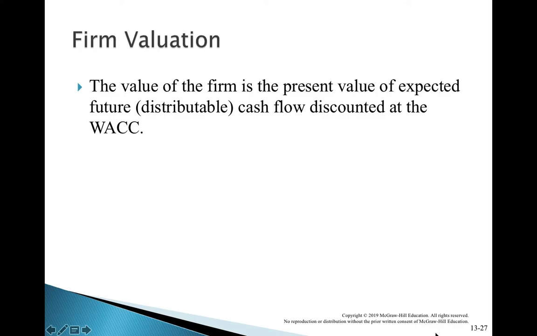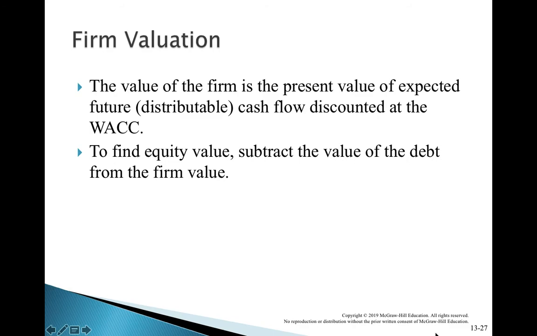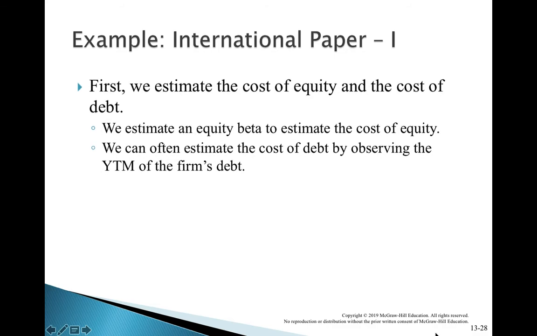But when you are making the firm valuation, then you use the free cash flow, and for the free cash flow you use the WACC instead of cost of equity. And we discussed how WACC is calculated. To find equity value, what do you do? From the total value of firm, deduct the debt, it will be the equity value. Divide by the number of shares, it will be the per share value.